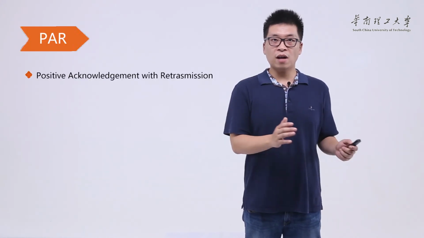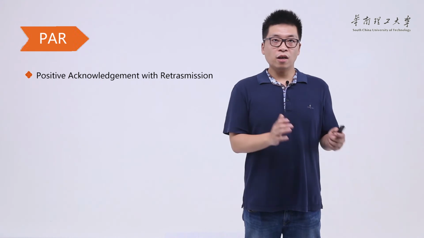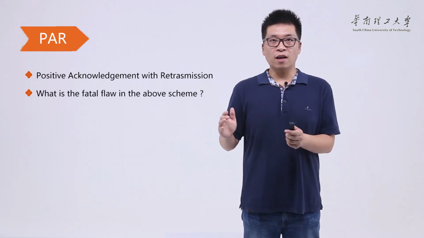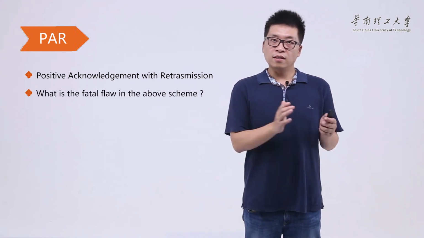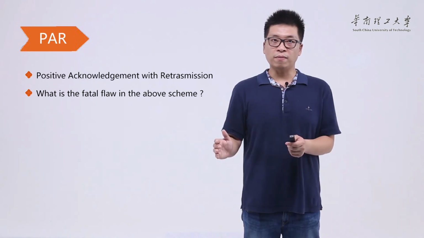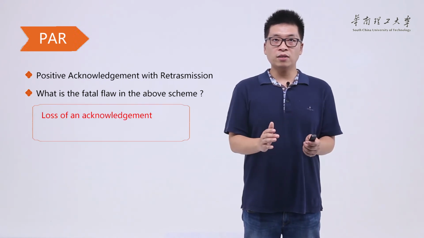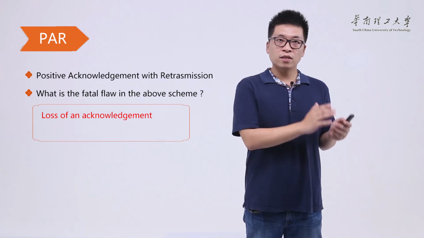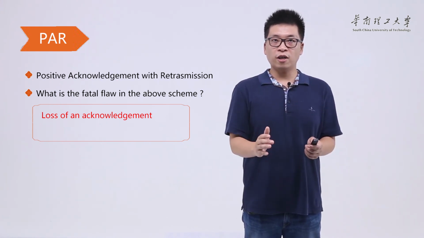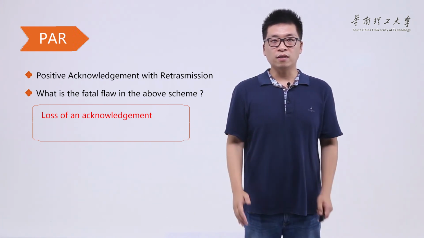There might be a fatal flaw in the above scheme. If we don't receive an acknowledgement, the sender will retransmit the frame, but it will end up with several duplicated frames received by the receiver.